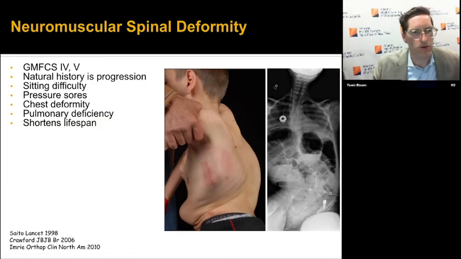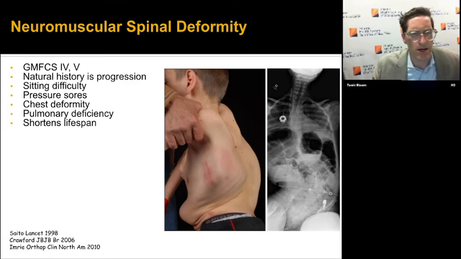How about spine deformity? Neuromuscular scoliosis is quite common in the level 4s and 5s. The lower levels, it is quite rare. So these are the patients that we have to watch their spine very carefully. The scoliosis and other spine deformities that these children develop is quite different from adolescent idiopathic scoliosis.